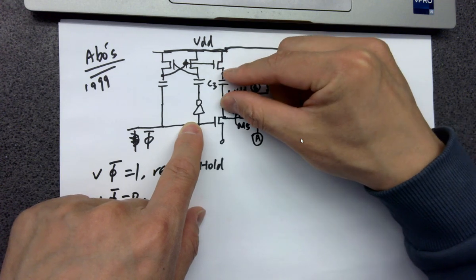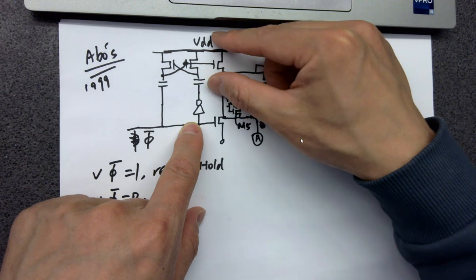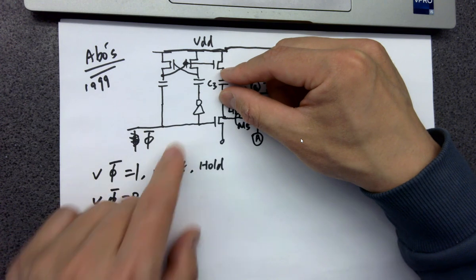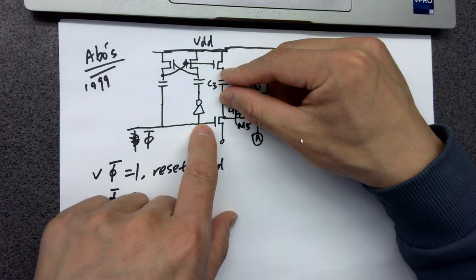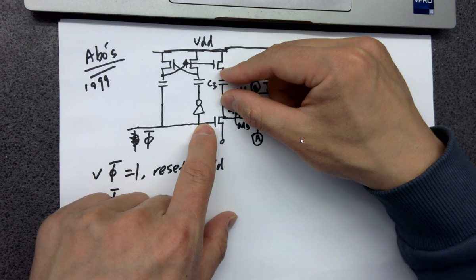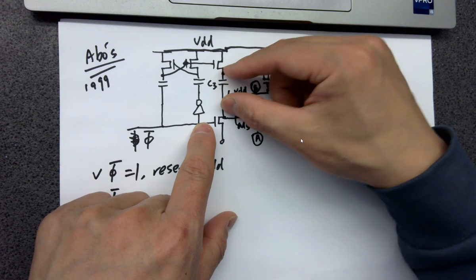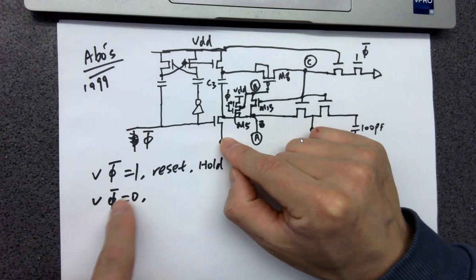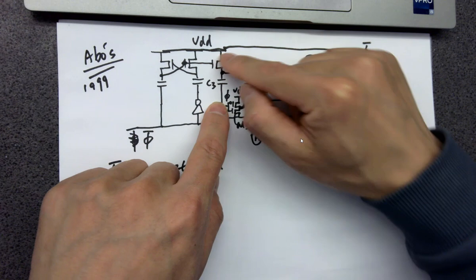So eventually, C3 is going to be fully charged to VDD, and that will be a floating VDD once you turn this gate off. It has a finite amount of charge stored across the 2 plates, because when this becomes 0, this is off.